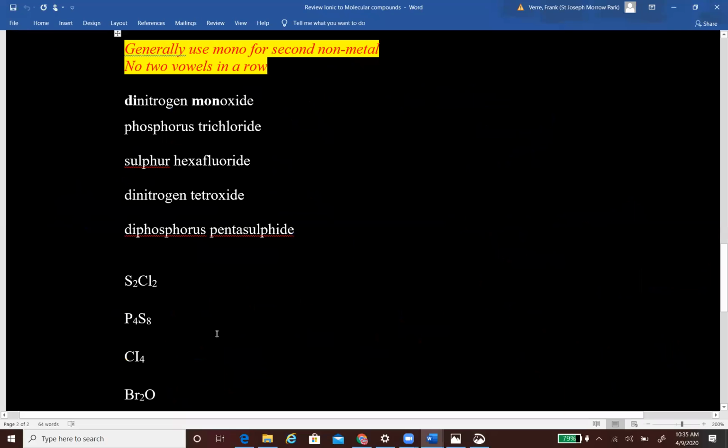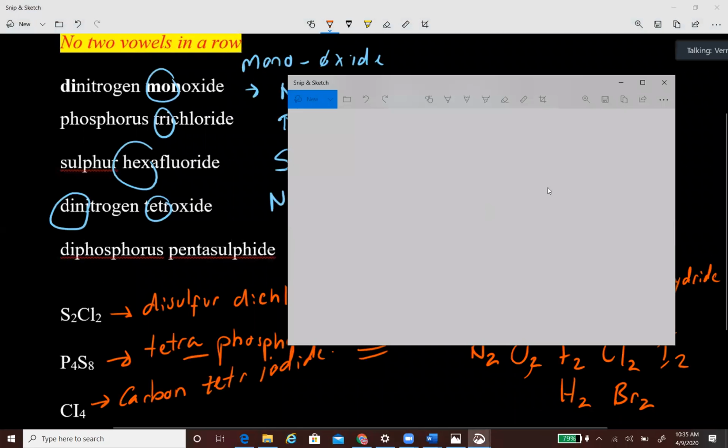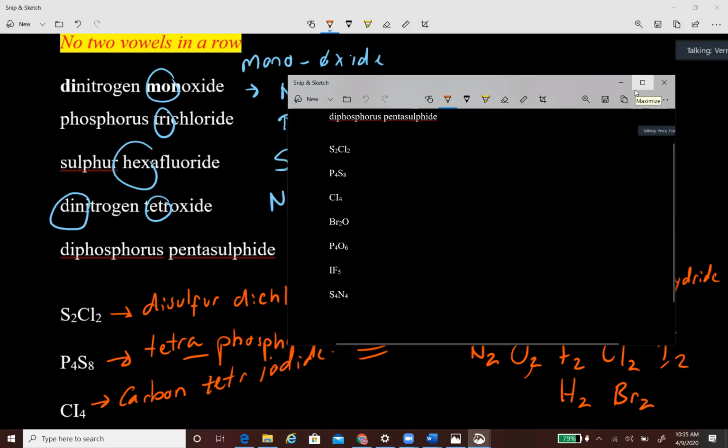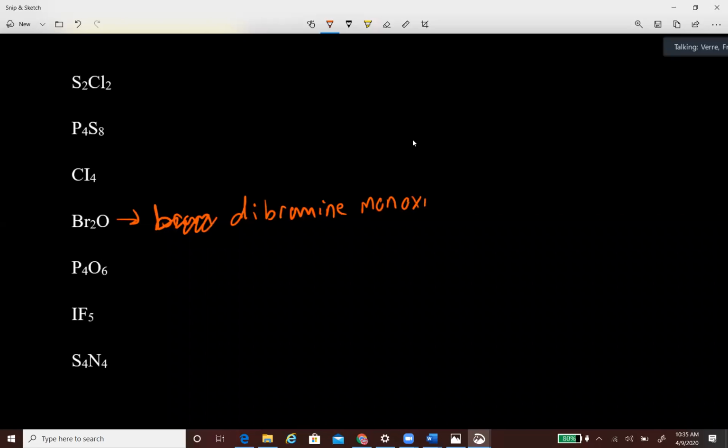Let me see. I think there are a few more. So let's just record this. Oops, sorry, let me make this bigger. So then this would be dibromine monoxide. In this case, we have to say dibromine because it's in a compound with oxygen. It's not by itself.